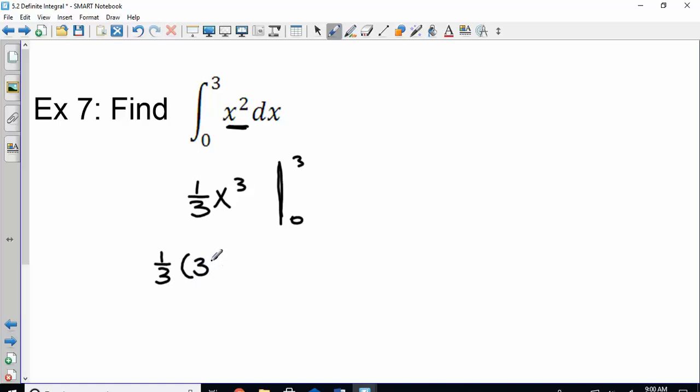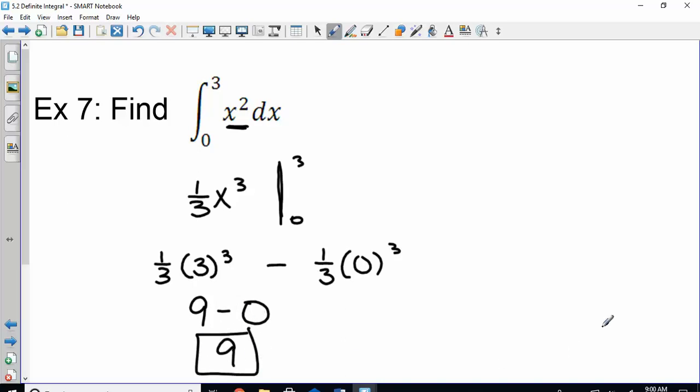So now you just plug in, and you're subtracting. You plug in the upper one minus the lower one. So 27 times a third is 9, minus 1/3 times 0 is 0, and our answer is 9.